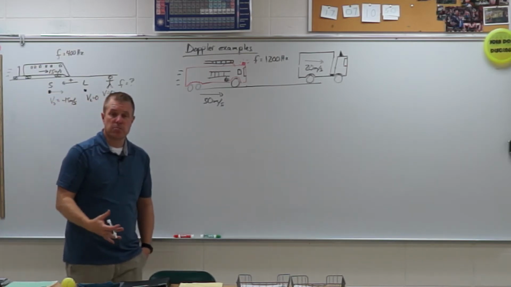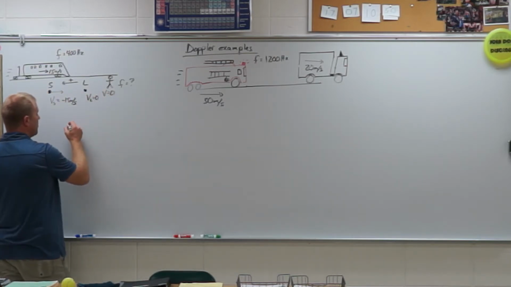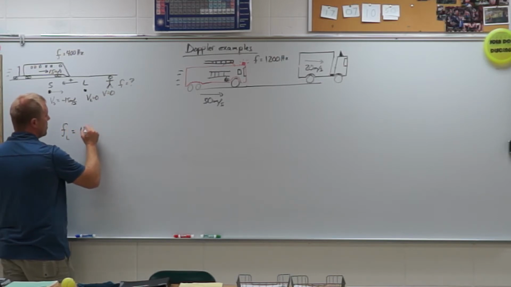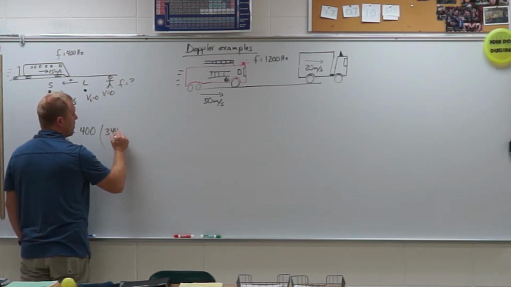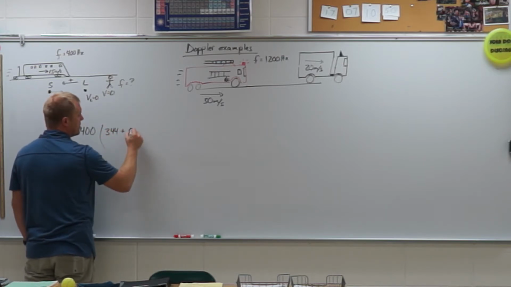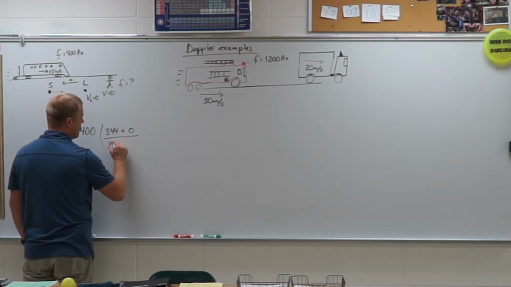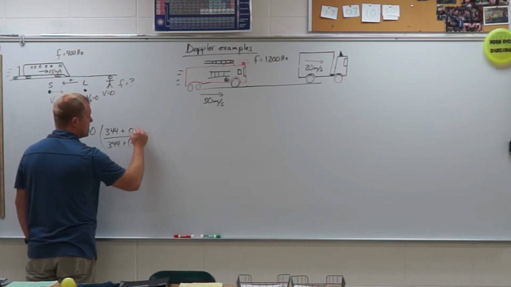At this point, we can just plug it into our equation from before, where the frequency the listener observes is equal to the frequency of the source, 400, times the speed of sound, 344, plus the velocity of the listener, which is 0, divided by 344, plus the velocity of the train, which is negative 15.